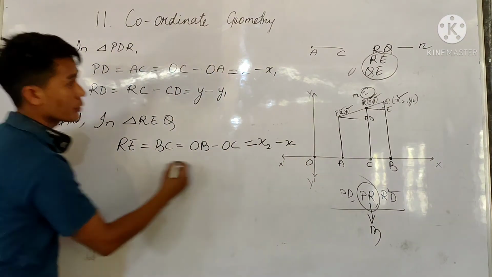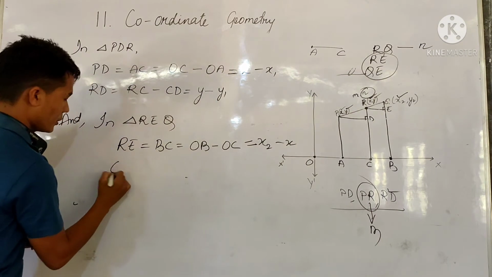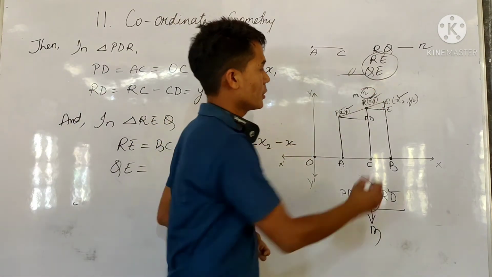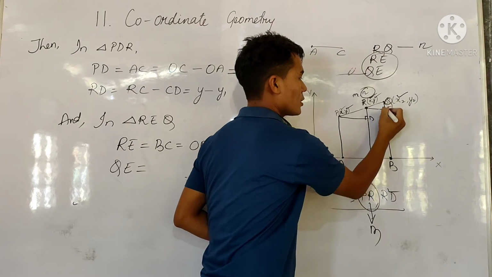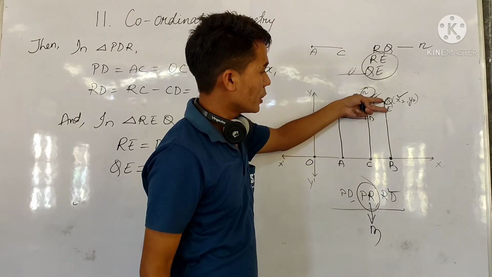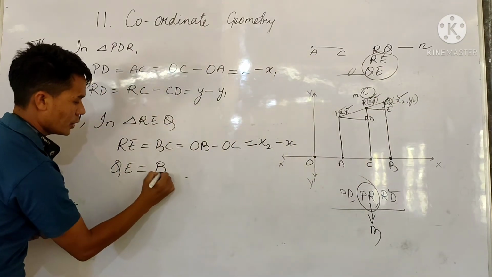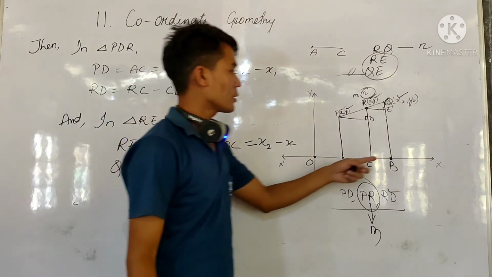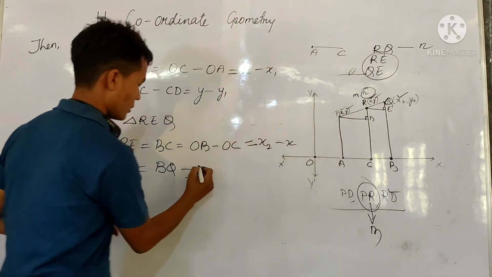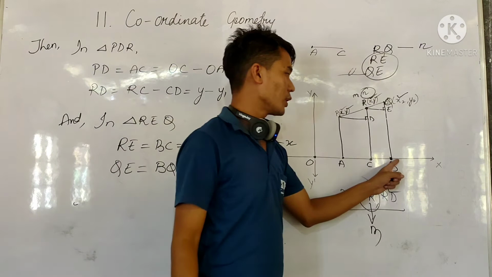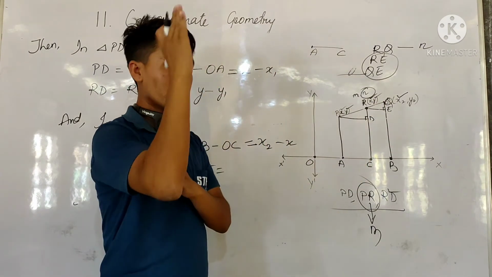And the remaining side QE. So in place of QE, we can write BQ minus BE. Then what is the value of BQ? This time we are going to take along the y-axis.